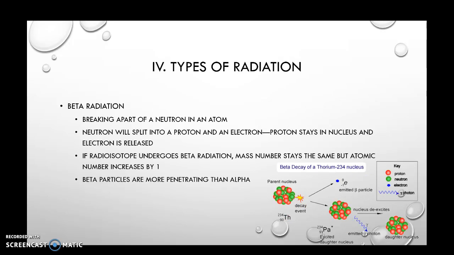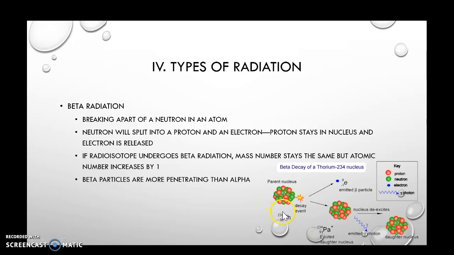Now the next type of radiation is beta radiation. We're going to split apart a neutron in an atom, and when you split a neutron it splits into a proton and an electron. The proton stays in the nucleus, but the electron gets released. If the radioisotope undergoes beta radiation, the mass number stays the same, which we'll see here with thallium-234.